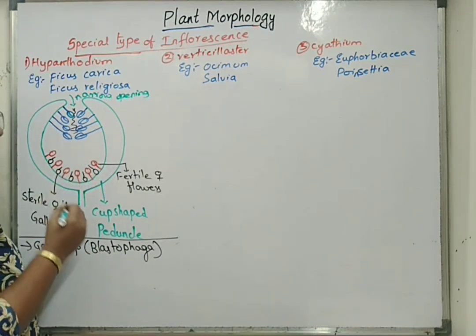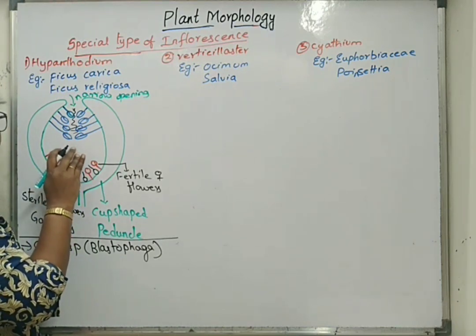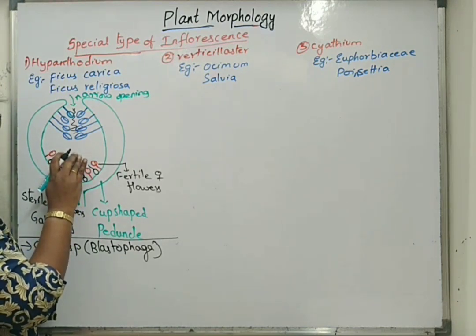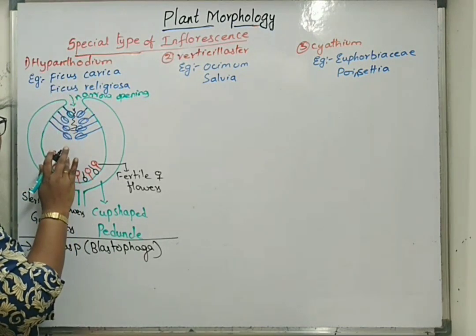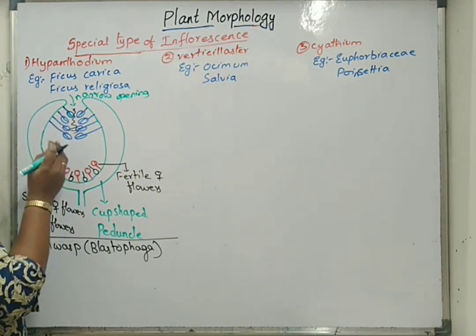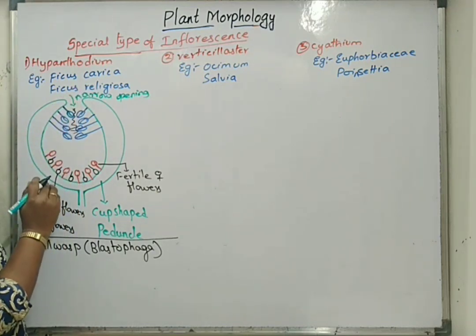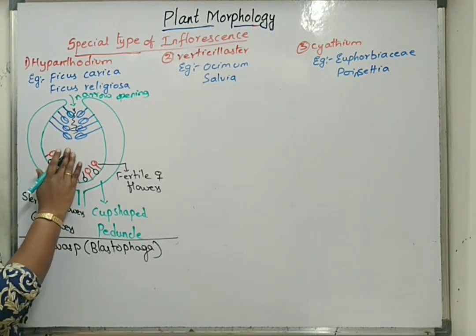But meanwhile, the mother wasp which has already laid eggs here will die because of suffocation, because the opening is very narrow. While entering inside, its wings were cut off, and to fly back to the outside atmosphere, there are no wings. Since there is no way, the wasp dies inside the Hypanthodium only.